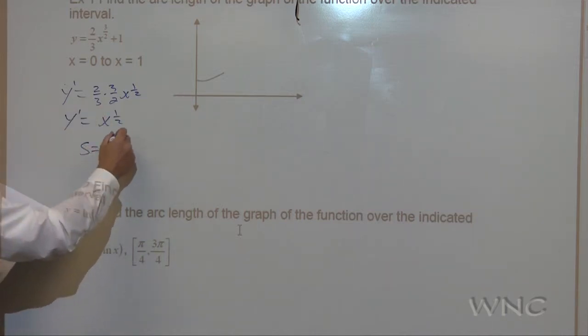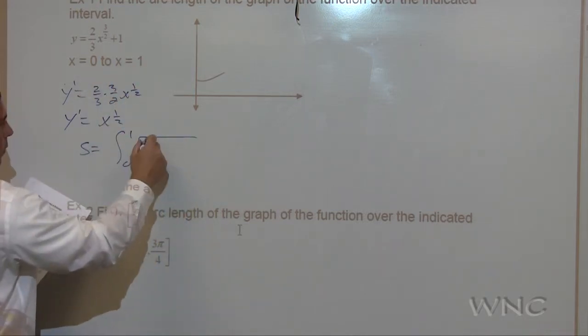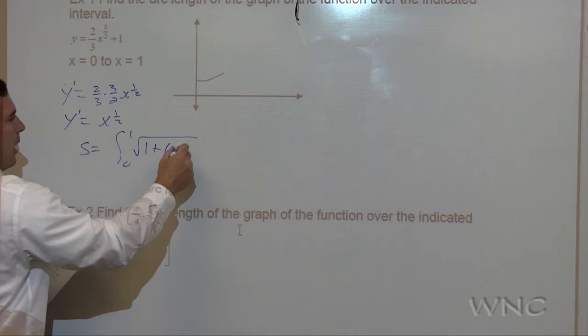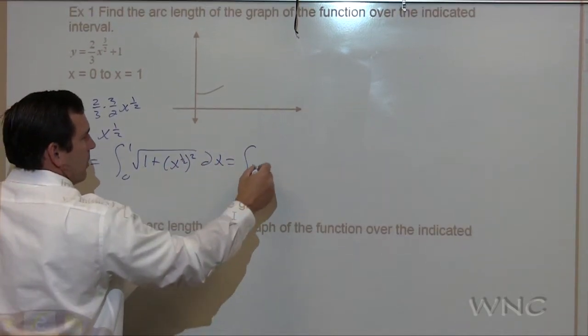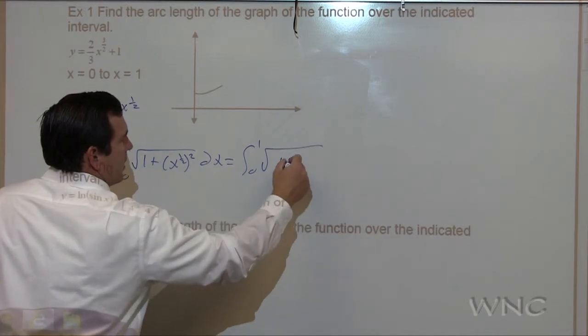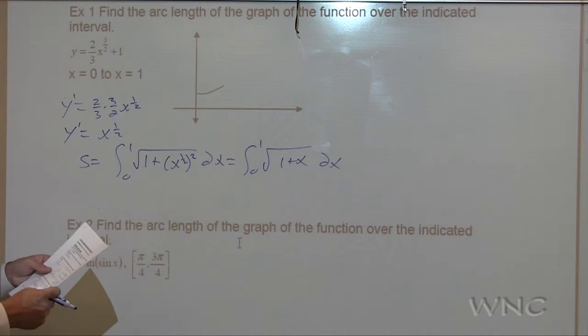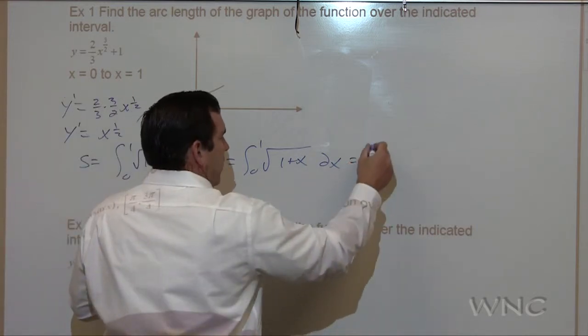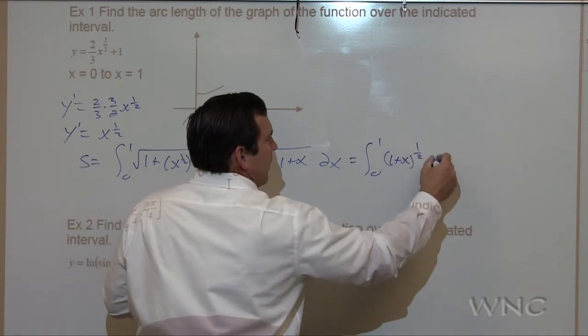S is going to be the integral from 0 to 1 of the square root of 1 plus x to the 1/2 squared dx. It's 1 plus x dx. Integral from 0 to 1 of 1 plus x, essentially to the 1/2, dx.